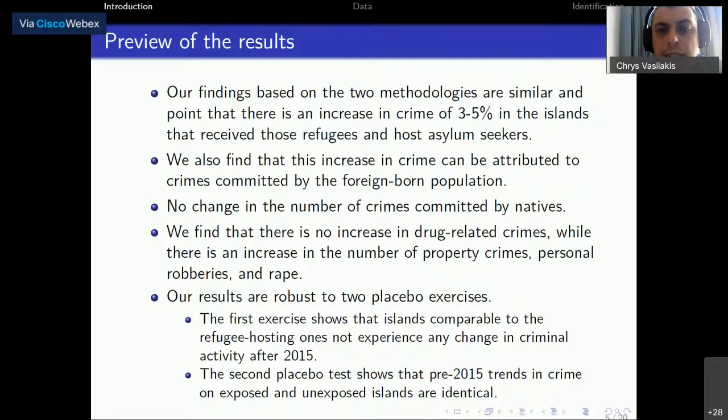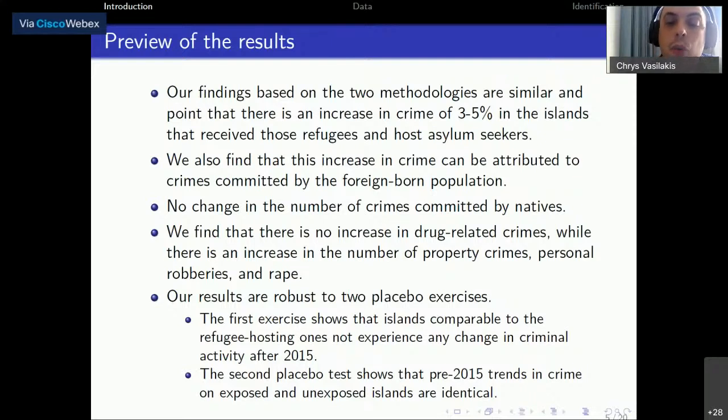Also, when we split to see the different crimes, we find that there is not an increase in drug-related crimes, while there is an increase in the number of property crimes, personal robberies, and rape. To see whether our results are robust or not, we use two placebo exercises.